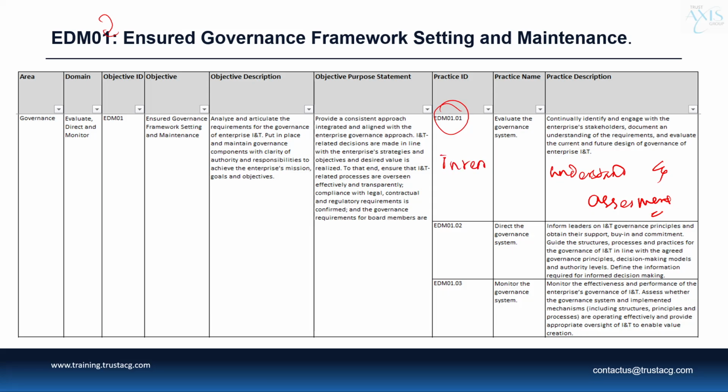Now, there would be certain internal factors and certain external factors that you need to be aware of. And also evaluate whether the governance framework that you're trying to establish, or that already exists, is suitable for the evolving needs of your enterprise.